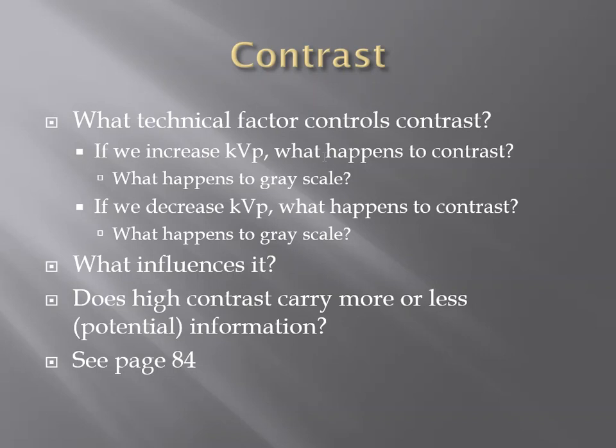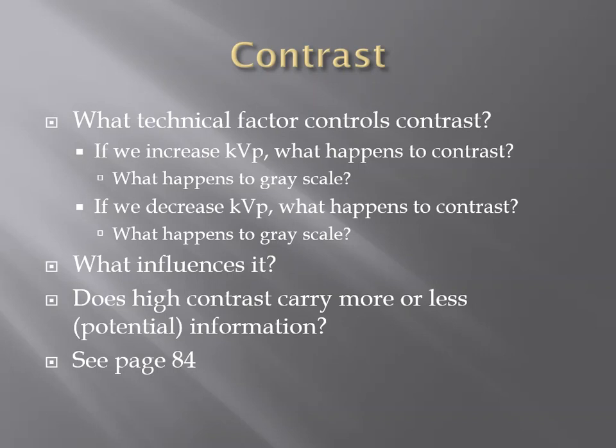So with the increased KVP, we get a decrease in contrast, an increase in latitude, and a longer grayscale. So the grayscale lengthens, the contrast narrows. We get long scale contrast, we get low contrast.